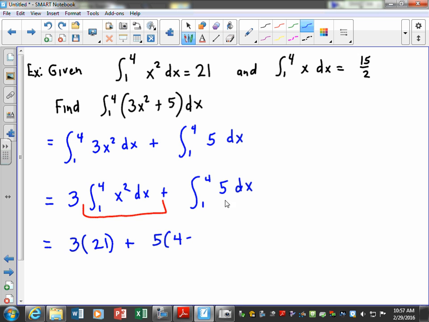Our c, this is c times b minus a. You have some options here. Choose whichever one you prefer. 3 times 21 is going to be 63, plus 5 times 3 is 15. So we would evaluate this to get 78.